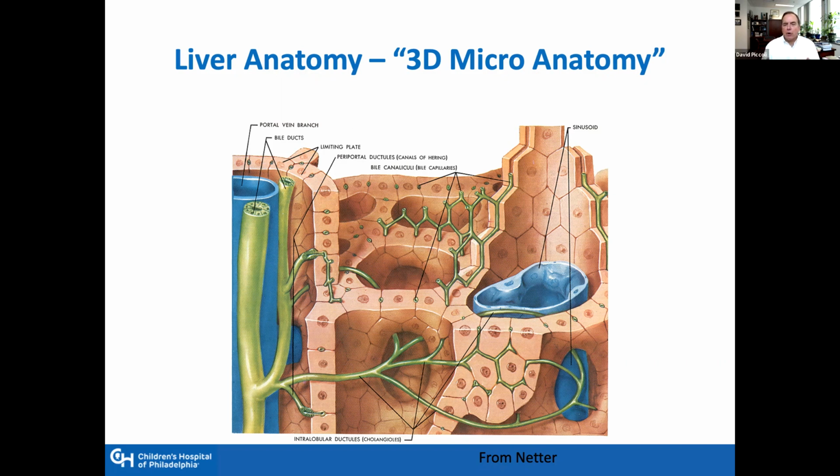And these cells are arranged in a way so that they get maximum contact with the blood flow that's going through the liver. And that's really important for all of the different liver functions.